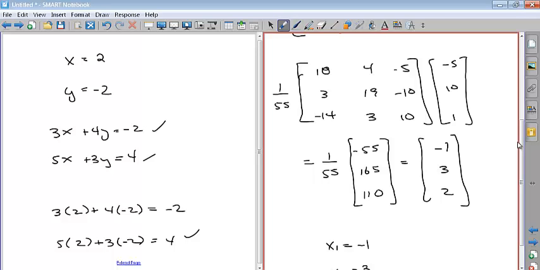Then we go to second matrix, choose matrix A, do the inverse of it. Go to second matrix, choose matrix B, push enter, and you get negative 1, 3, and 2. Okay, so the calculator is my friend. And that's it for that. Okay, we're done.